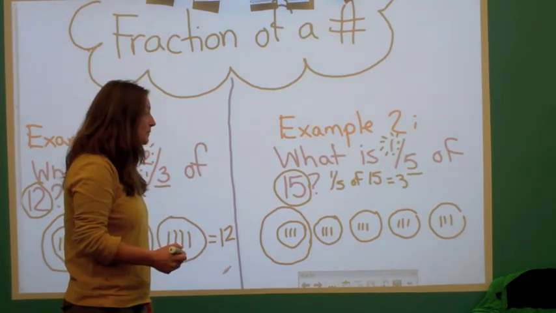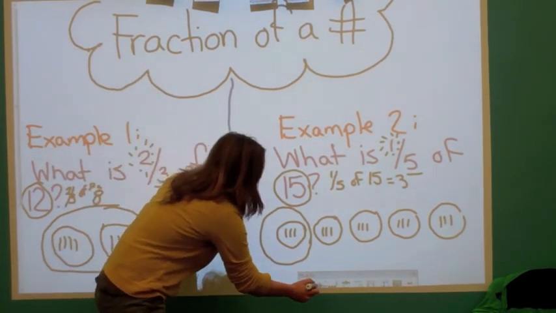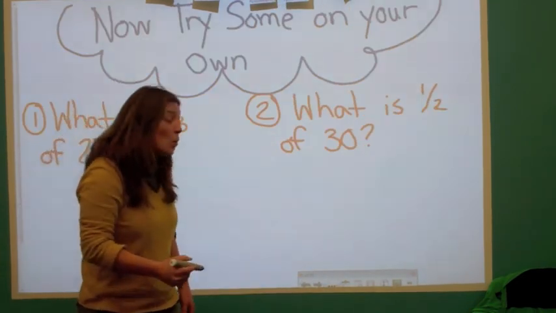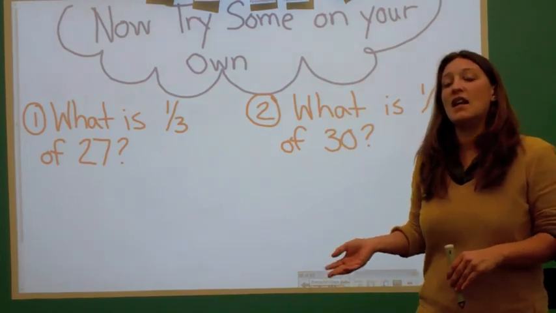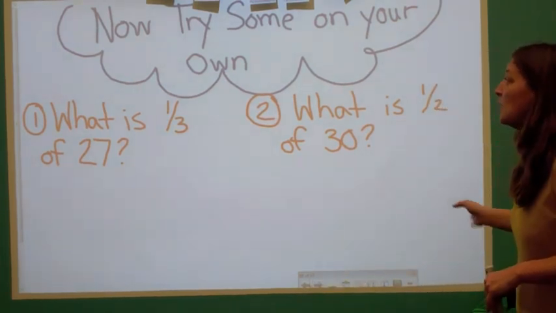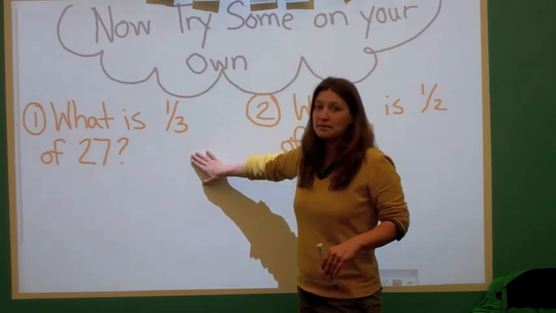I think you're ready to try some on your own. These practice problems will be easy as long as you follow those steps that I did in our examples. So the first question, what is 1/3 of 27?